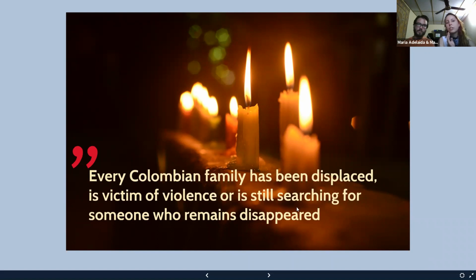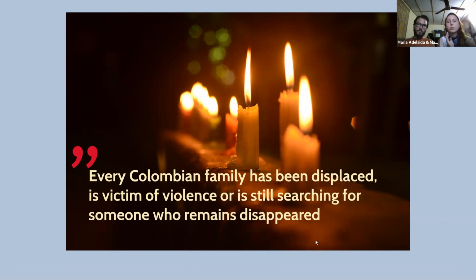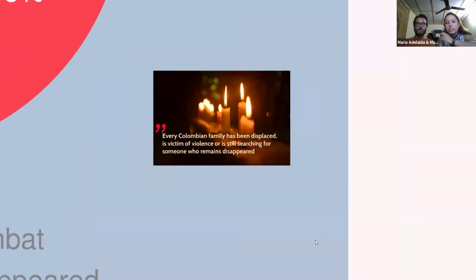We have not only the actual conflict, understood as a constant war between the state and the armed groups, but also the implementation of transitional justice mechanisms, and this implies the search for disappeared people, people that we don't know where they are or what happened to them.